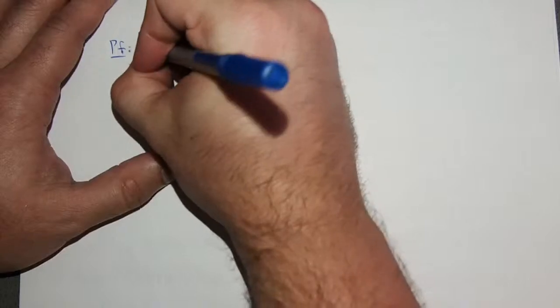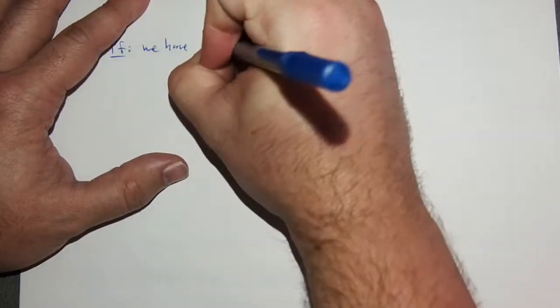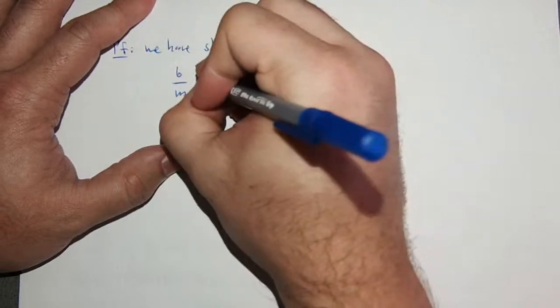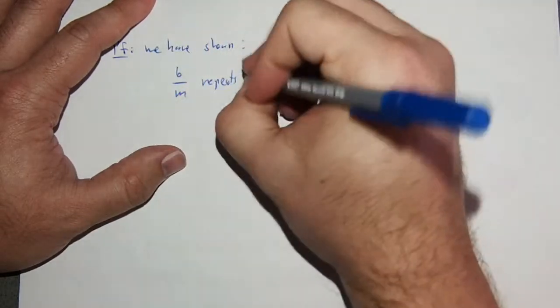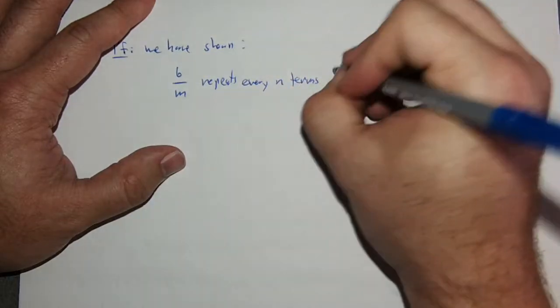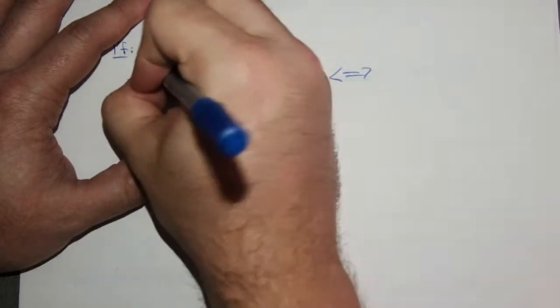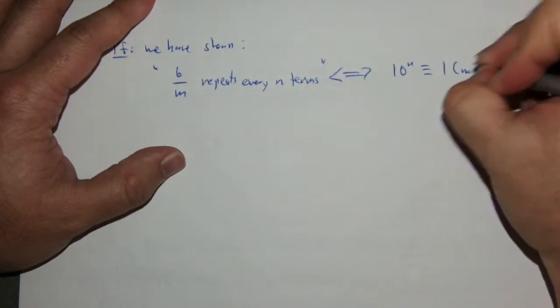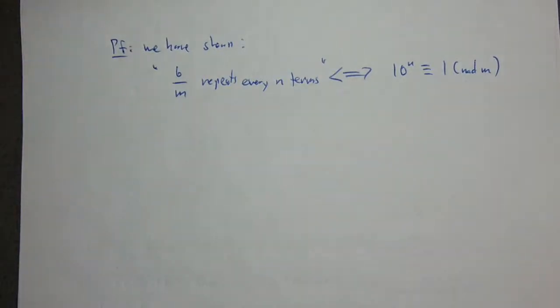All right, so to polish off our proof, we have shown that b over m repeats every n terms if and only if 10 to the n is congruent to 1 mod m. All right, so what's the last thing we have to say?